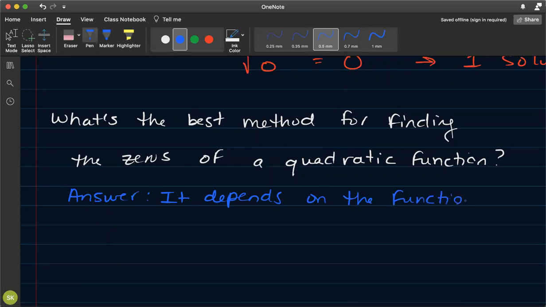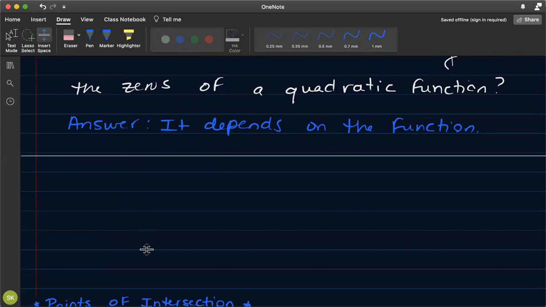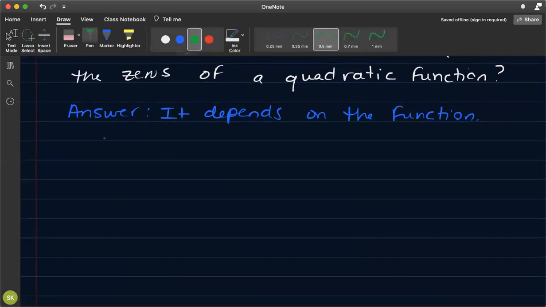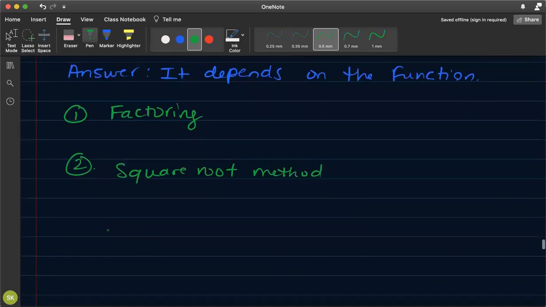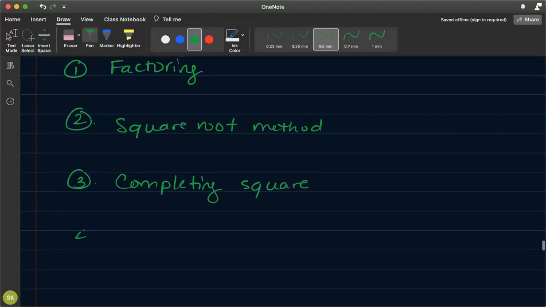So let me tell you the different ways and the pros, I guess, and the cons of each way. So we had factoring. We had square root method. And we had completing the square. And then we had quadratic formula.